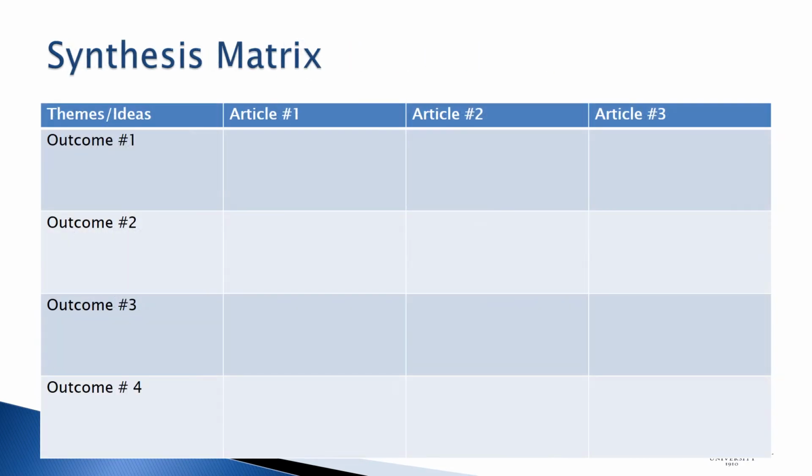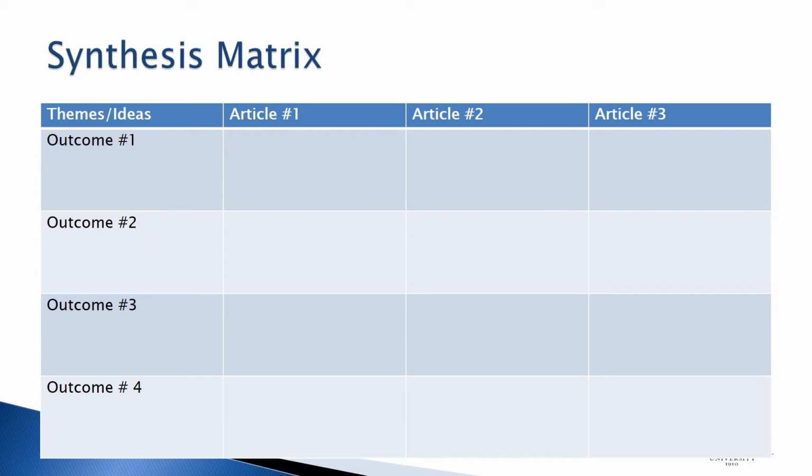Let's have a look at this. So as you can see, across the top are the 3 particular articles you're going to synthesize. And down the left are the main 3 or 4 outcomes that you're going to explore. So maybe in Article 1, you identify 3 particular outcomes.